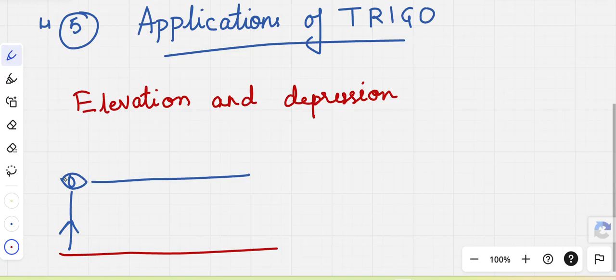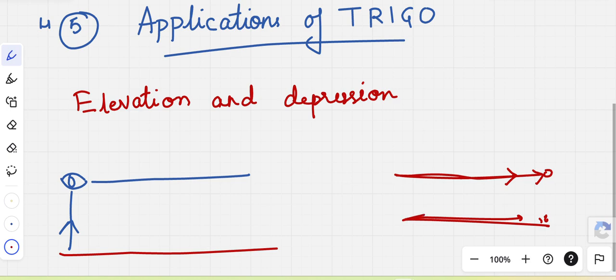Look at this. After that, if I'm looking at something up, whenever you're looking, you're talking about angles also. First it is 0 degree, your angle, right? These are the two arms. Slightly this arm moves up a little bit. So this is 1 degree.